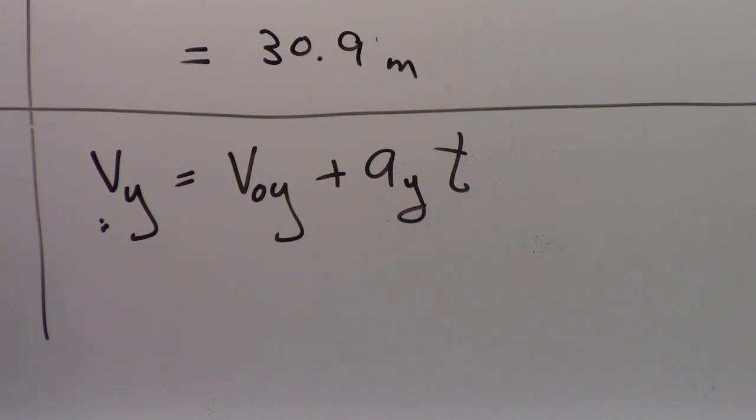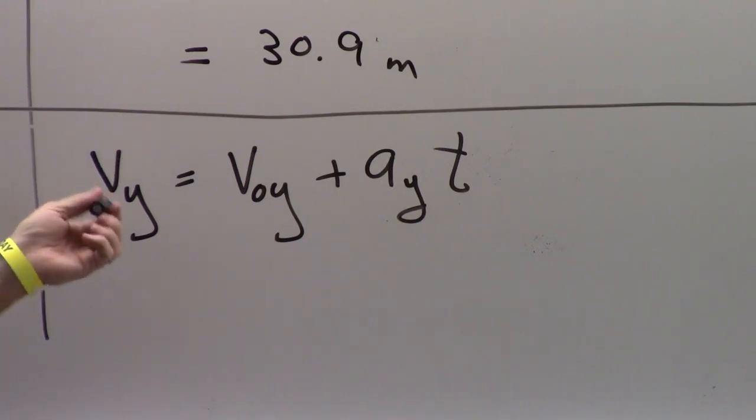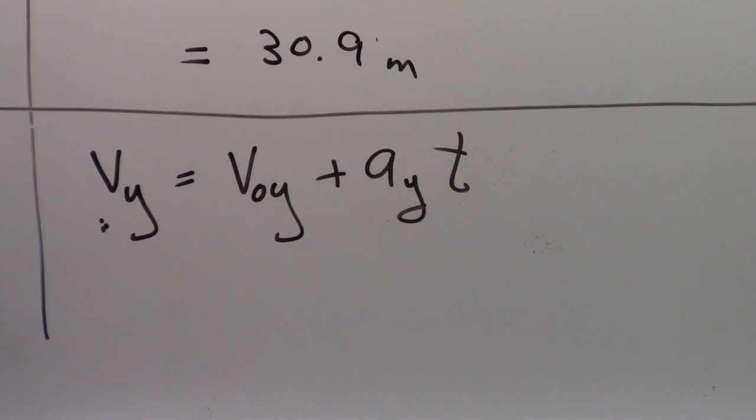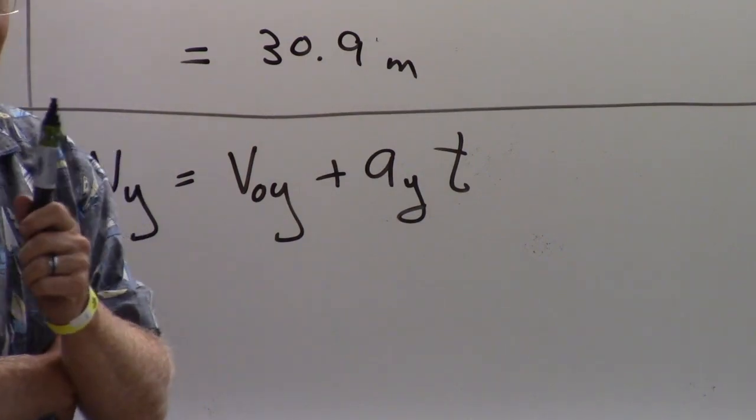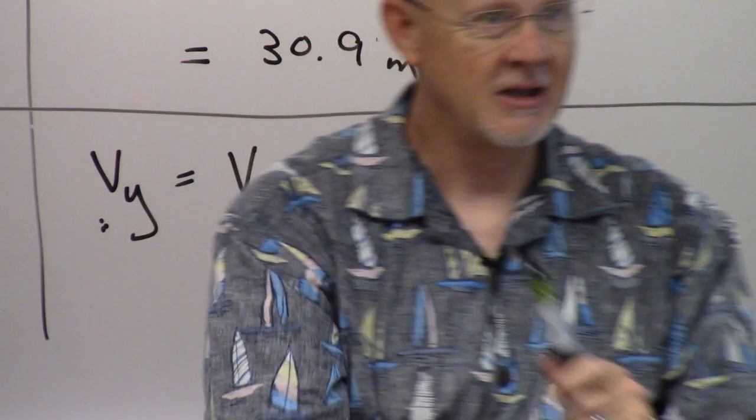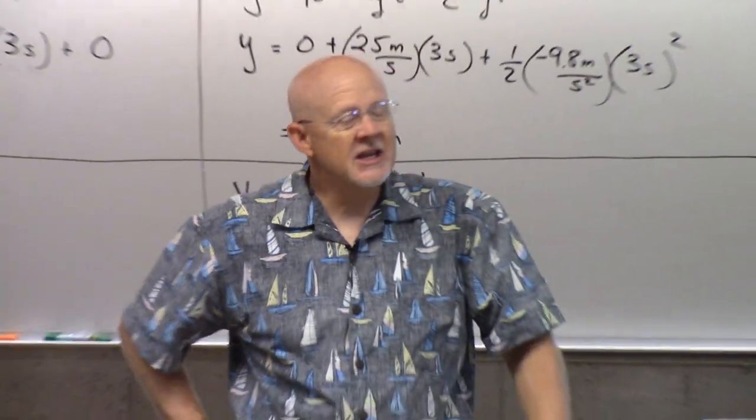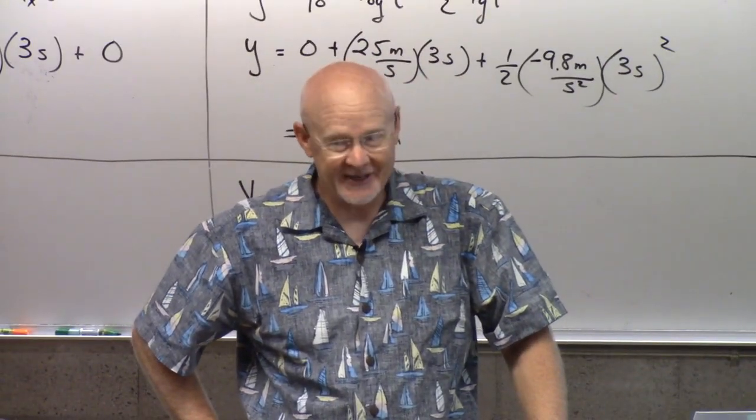That's a hard step. This would be a really easy question if the question just said, could you calculate the final speed in the y direction? And could you tell me if it's positive or negative? It's a lot harder question when you have to do the physics. The physics being, is it hitting the target on the way up or the way down?